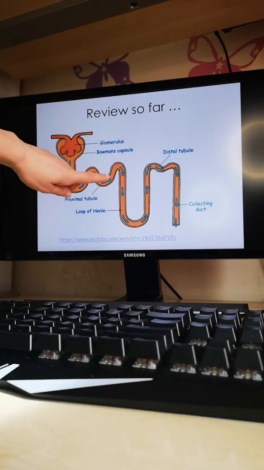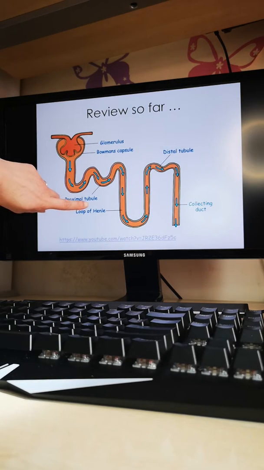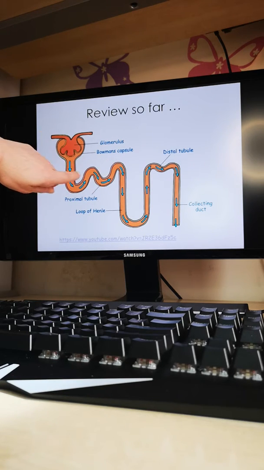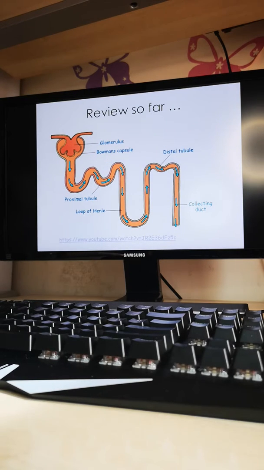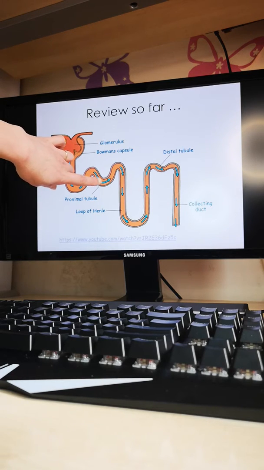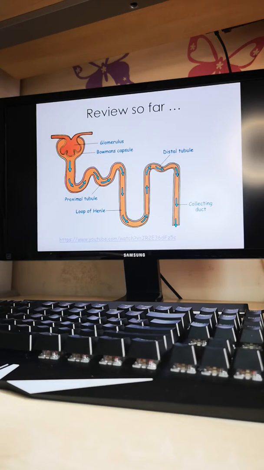Moving into the second part that we looked at, this was our proximal convoluted tubule. The walls of the proximal convoluted tubule, I'm hoping you've written, have got microvilli to increase the surface area of them for absorption. They've got many mitochondria to provide ATP for absorption of all the things that we want to take back from the filtrate into the blood, things like glucose and your amino acids, and also are closely associated with many capillaries to give it a large surface area for that exchange.